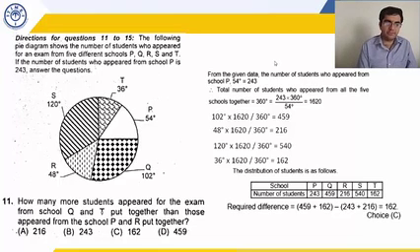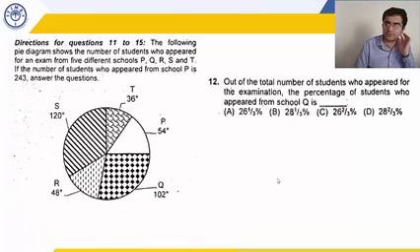This table is going to be useful now for the remaining questions because you have all the values. Next, question 12, take 30 seconds.